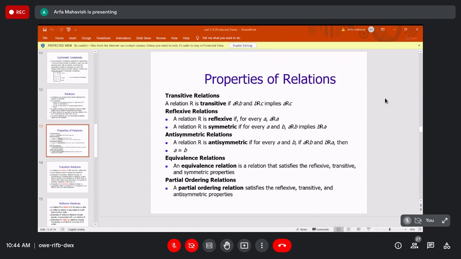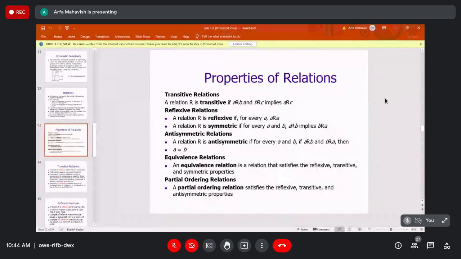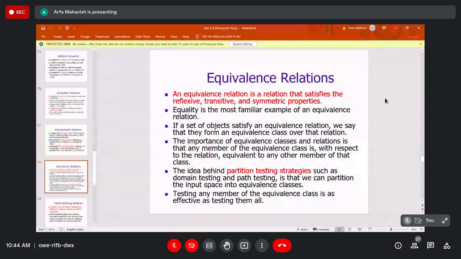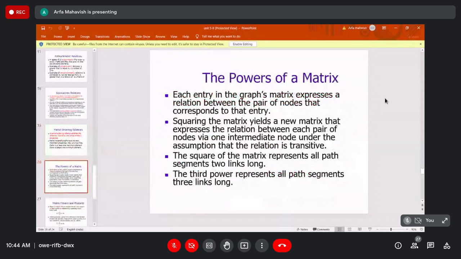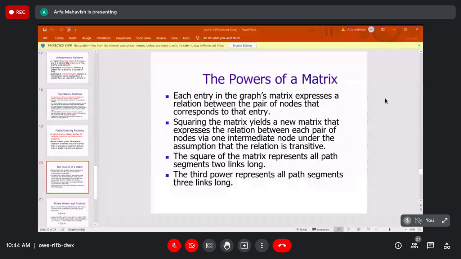And next we have the power of a matrix. The power of a matrix is nothing but each entry in the graph matrix expresses the relationship between the pair of nodes corresponding to that entry. So in every matrix there is a relationship between the nodes, showing the relationship among the pairs of nodes.